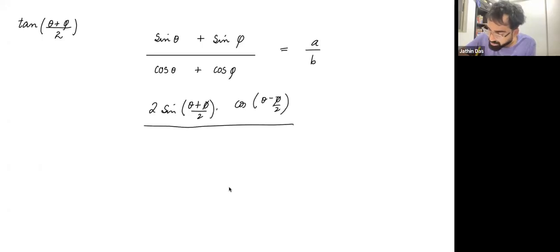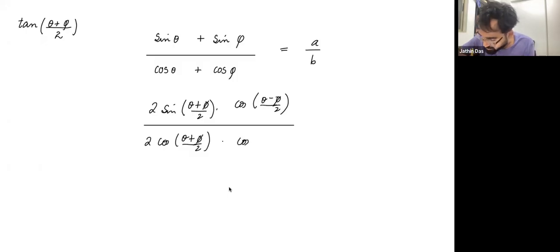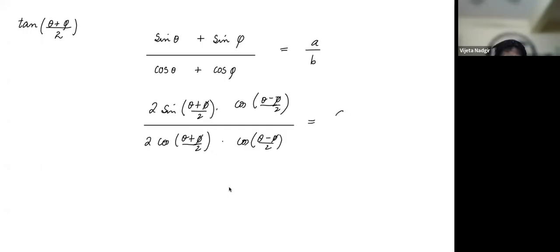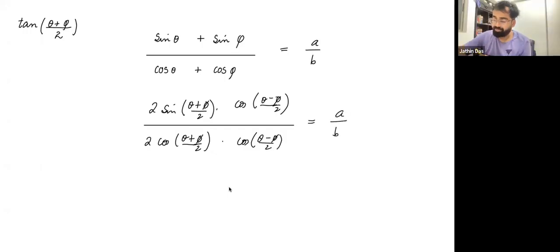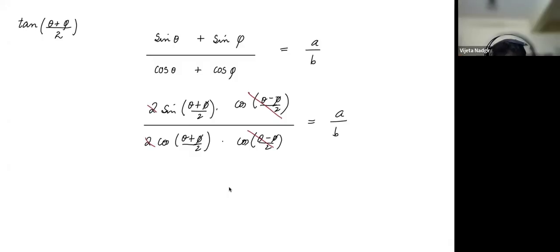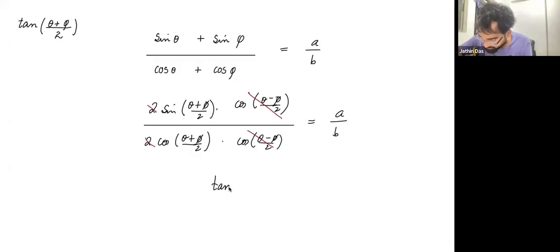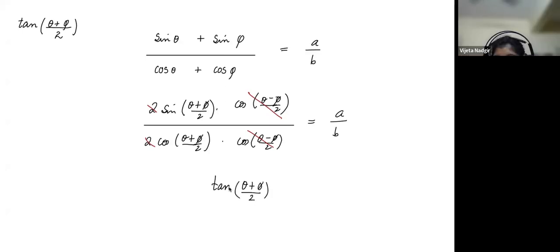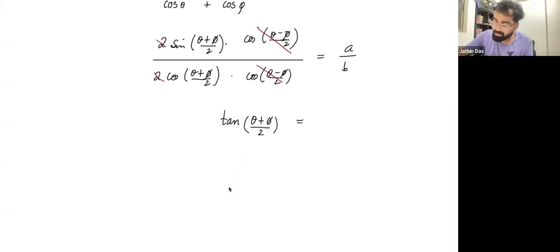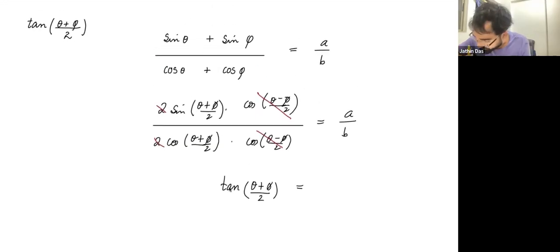Now 2 cos will give me 2 cos theta plus phi by 2 and again cos theta minus phi by 2 equals a by b. This will cancel directly. You remember one place I told you? When you get sum of two sines and cos, you can directly get tan A plus B by 2. Yes, that's it.